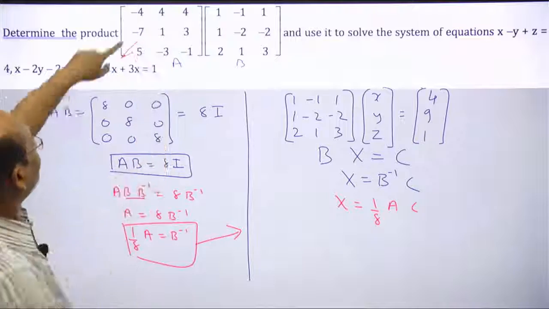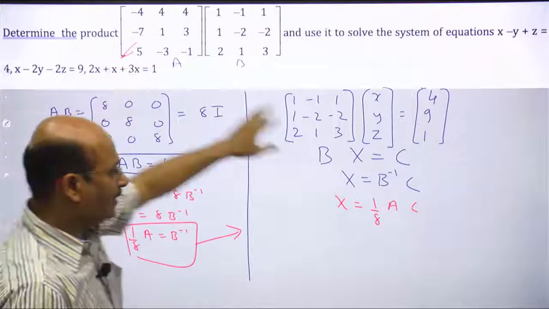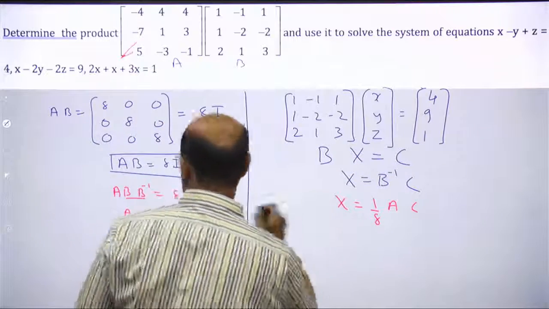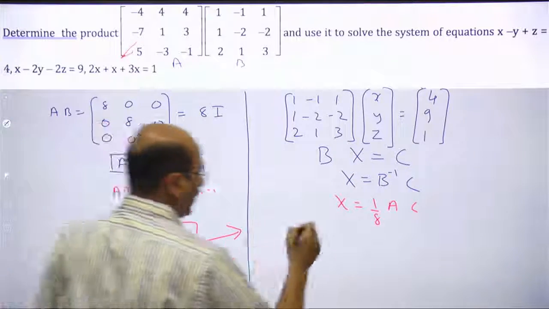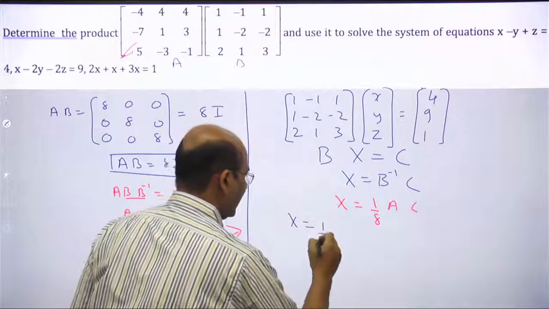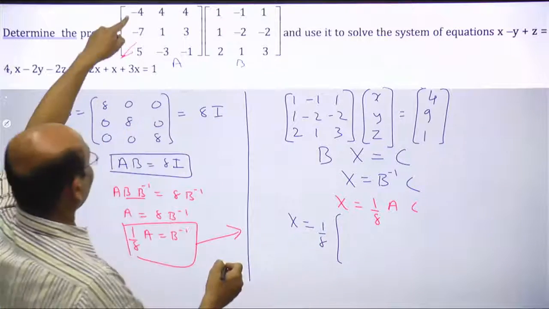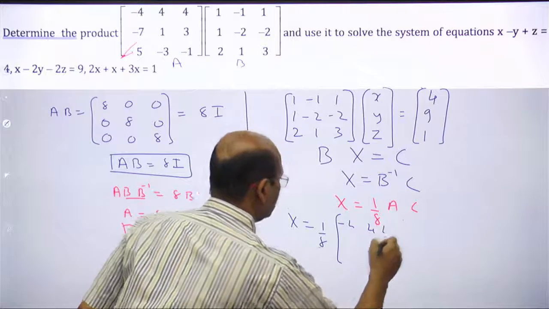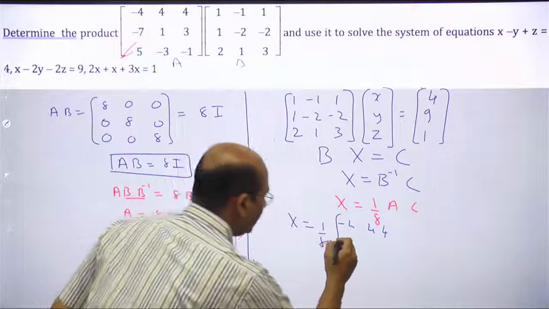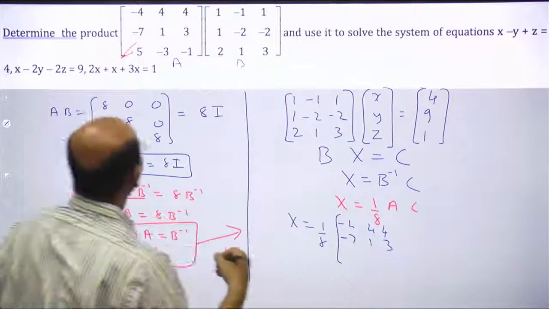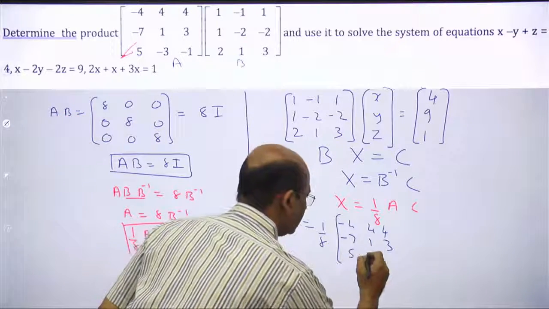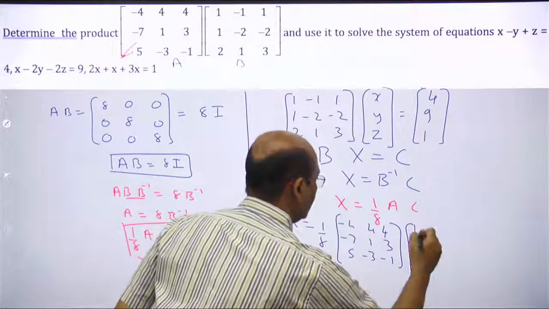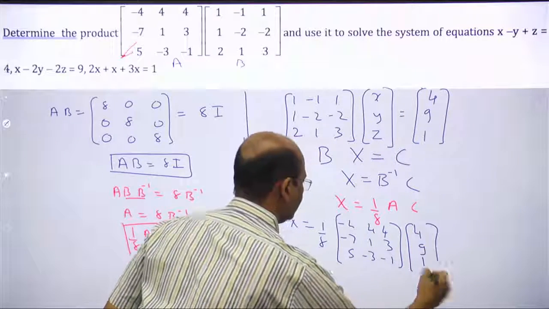A is nothing but this particular matrix. And what is C? C is this. So X will eventually be 1 by 8 times [-4 4 4], [-7 1 3], [5 -3 -1] into the C matrix, which is nothing but 4, 9 and 1.